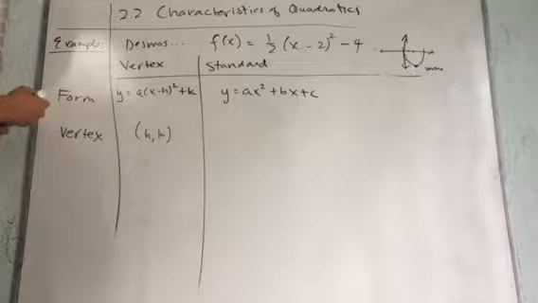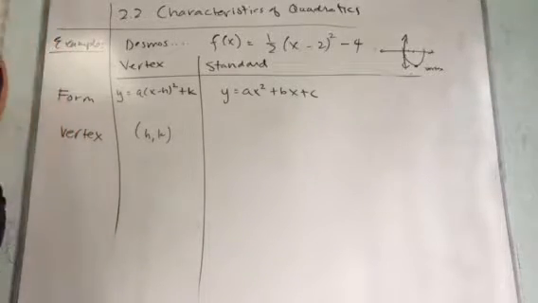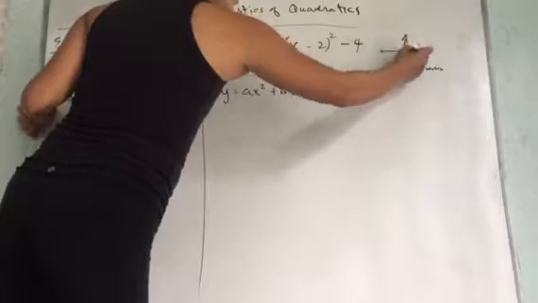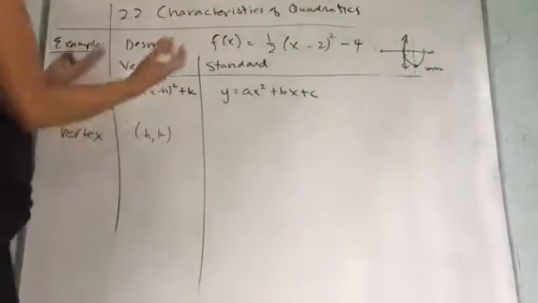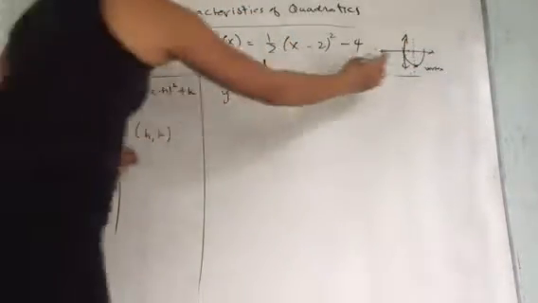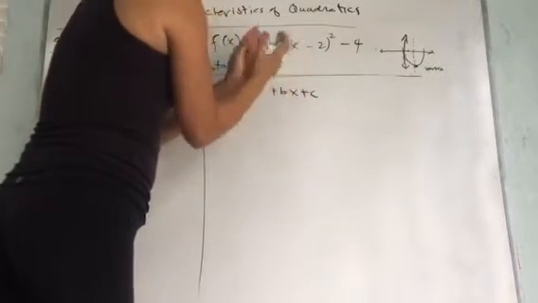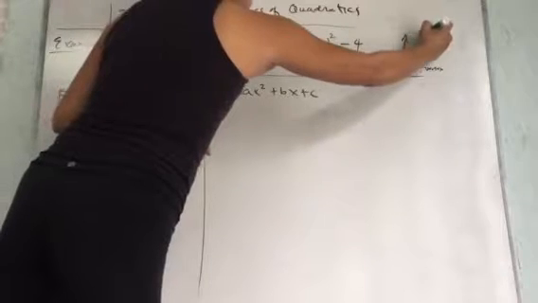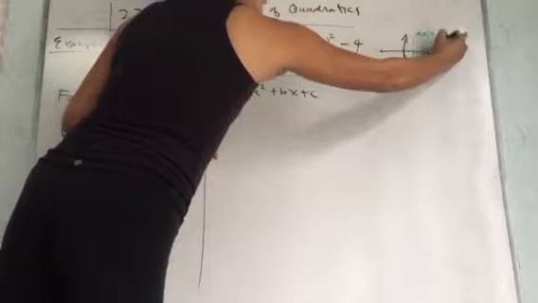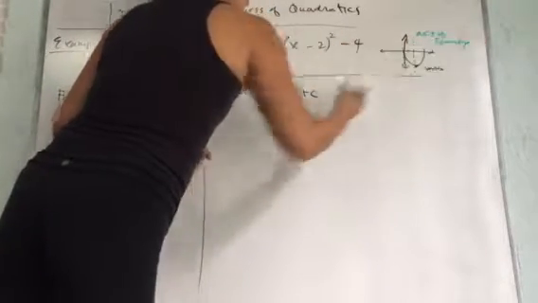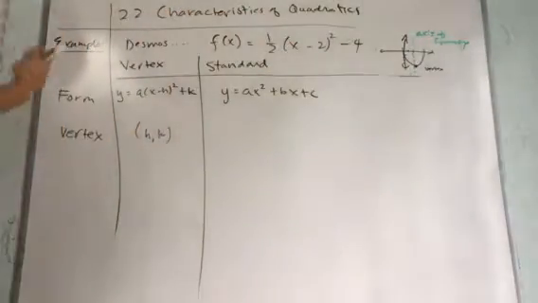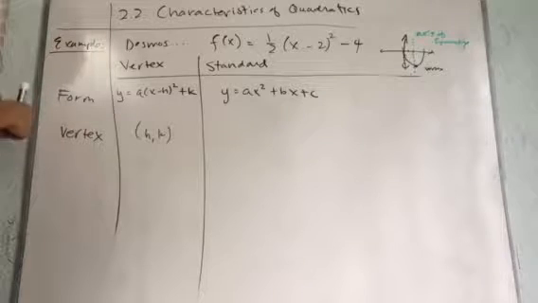Okay. Now there's another vocabulary word that we're going to introduce, and you probably have been exposed to it already, which is this idea of symmetry. If you were to fold a parabola in half along this line, it would pretty much lay on top of itself. So this axis of symmetry always goes through the vertex. Always. If you fold it where the vertex is, it's going to be symmetrical.